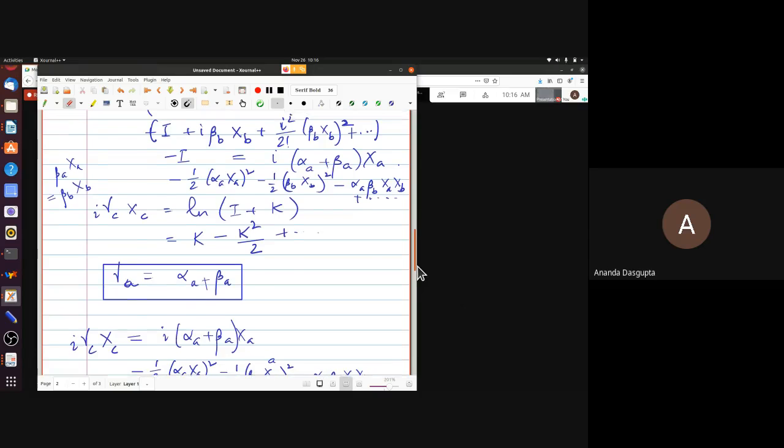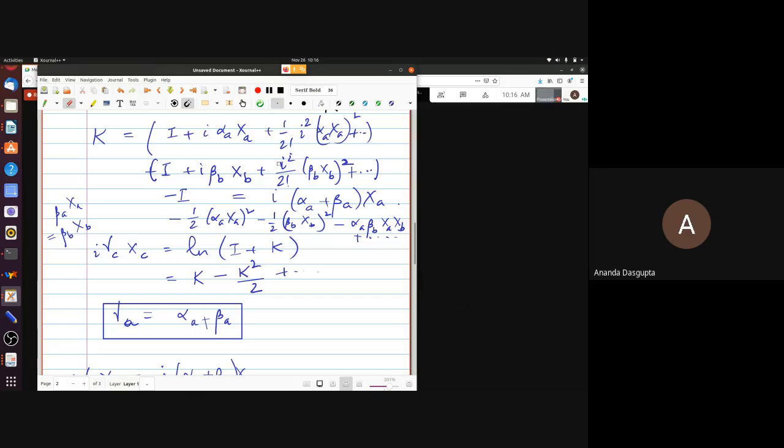So what will you get from K square? K square will have terms where K is just this. So in K square, these terms will also contribute, but these will all contribute to higher orders, more than quadratic order. The quadratic order will essentially come from the square of this term, right?